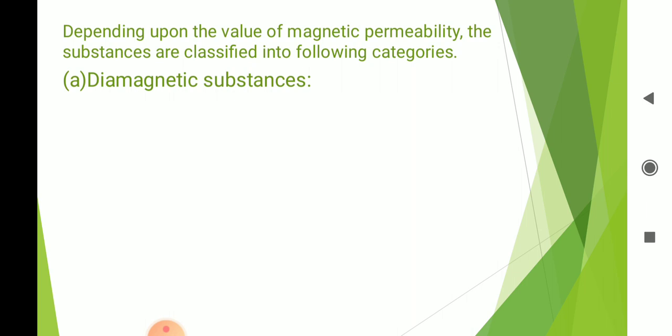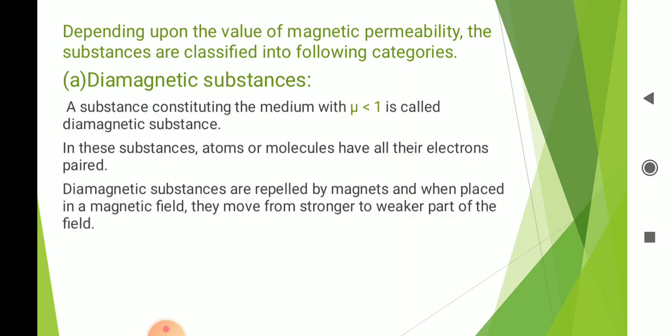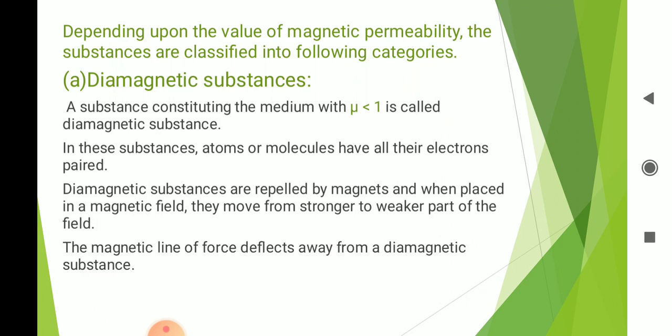In these substances, atoms or molecules have all their electrons paired. Diamagnetic substances are repelled by magnets, and when placed in a magnetic field, they move from the stronger to the weaker part of the field. The magnetic lines of force deflect away from a diamagnetic substance. Examples of diamagnetic substances are bismuth, antimony, copper, etc.